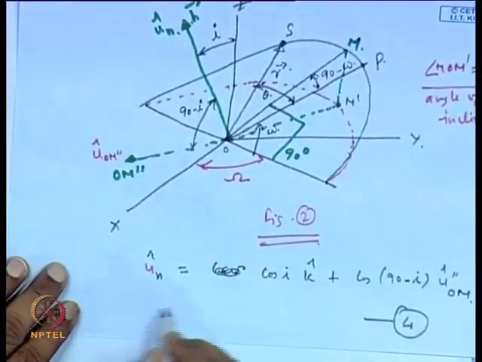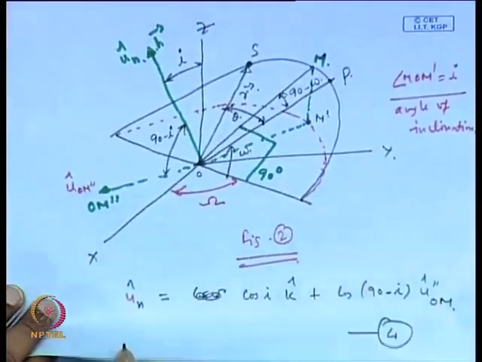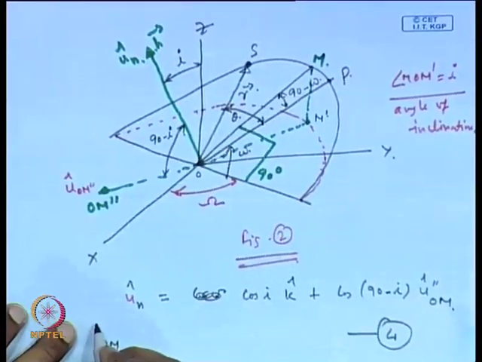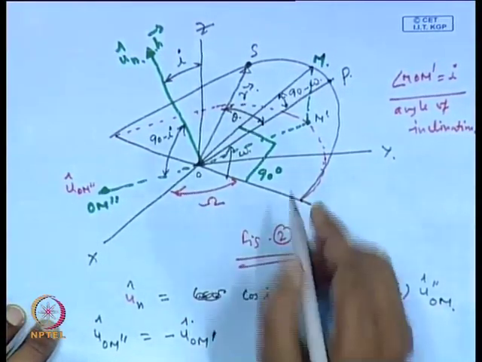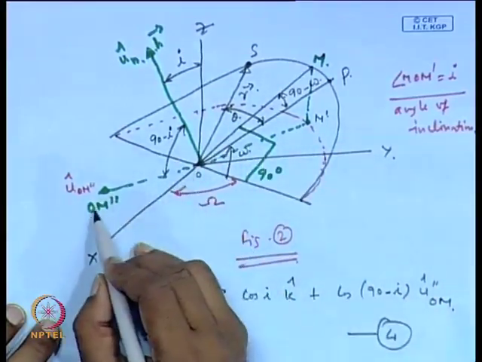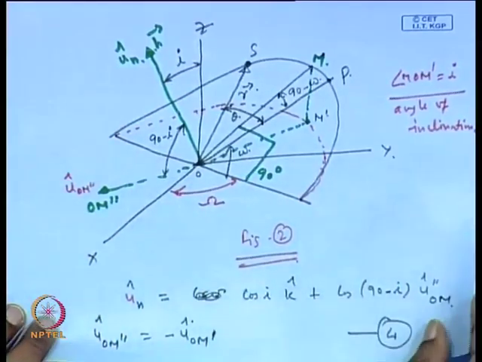Then we write U cap OM double prime is equal to minus U cap OM prime. Okay, because OM prime and OM double prime are opposite to each other, so this is valid.